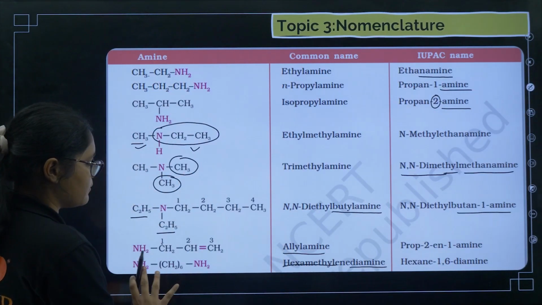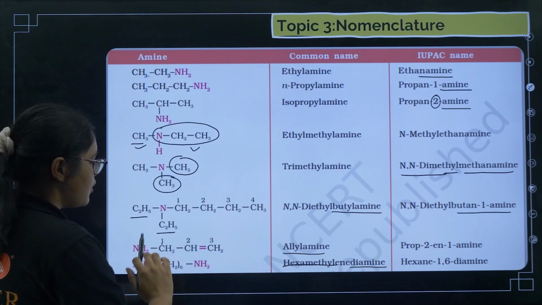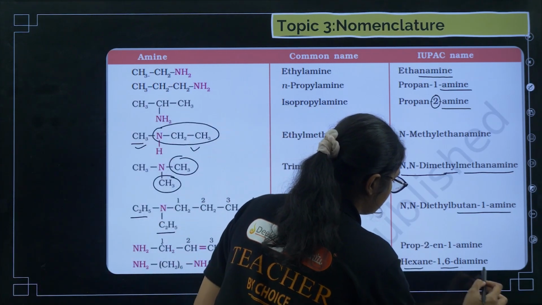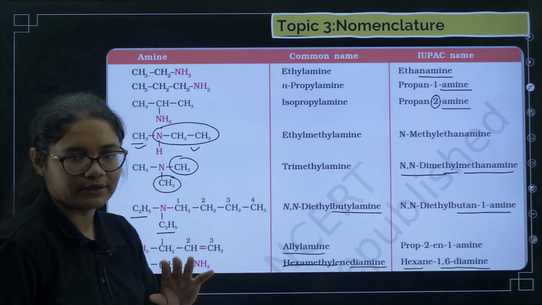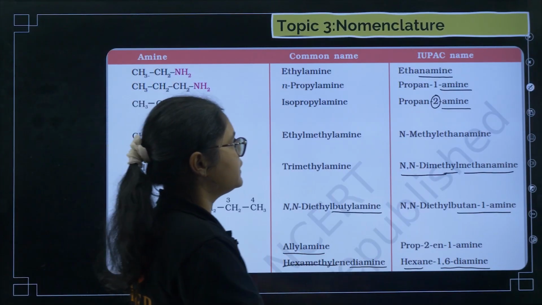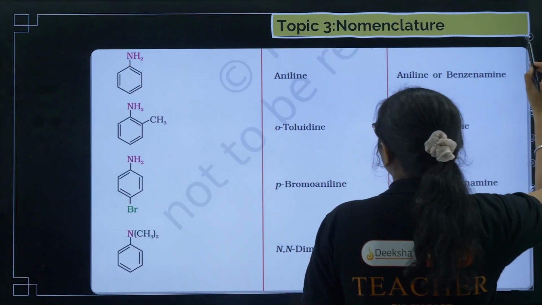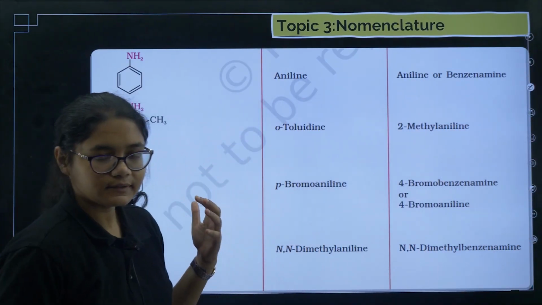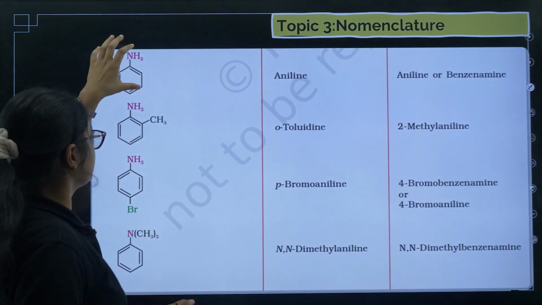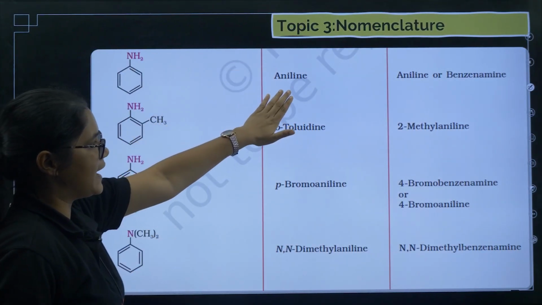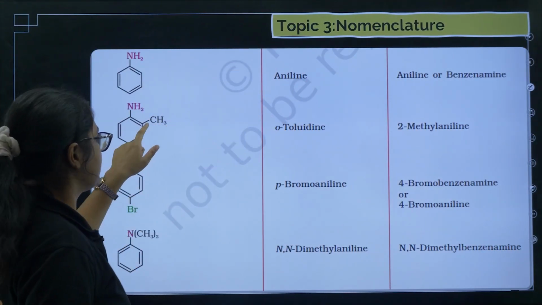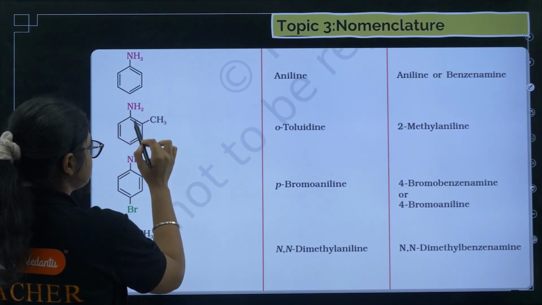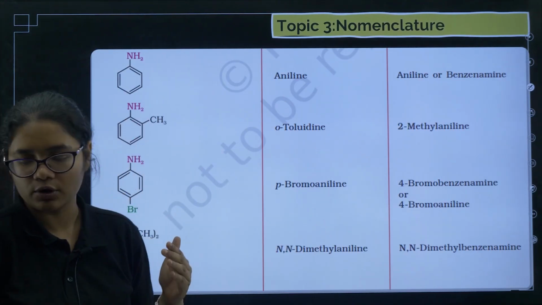diamine. The common name is hexamethylene diamine, or you can name it as hexane-1,6-diamine. That is how you should name it. Now moving forward towards the nomenclature of the aromatic rings. If you have only an NH2 group, we call it aniline or benzenamine. Here this CH3 group is present, we call it toluidine, right?